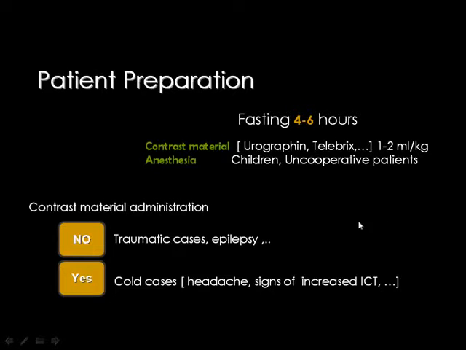We usually inject the patient with contrast whenever we are looking for intracranial infection and brain tumors, but there is no need for contrast material in cases of trauma and cerebrovascular stroke.